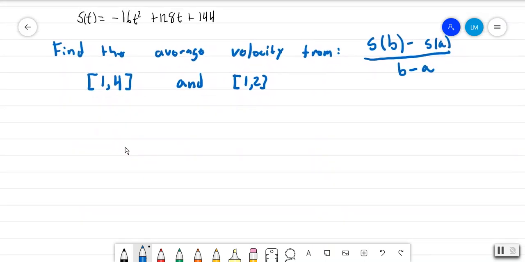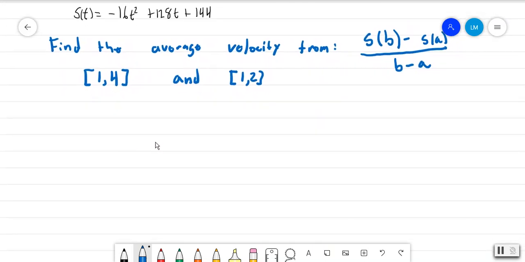So to do this problem, we would first have to figure out what s of 1 is. So let's say that we want to find the average velocity for s of 1. Let's do it like this, because I noticed that this kind of looks like a slope. So I'm just going to call this the average.